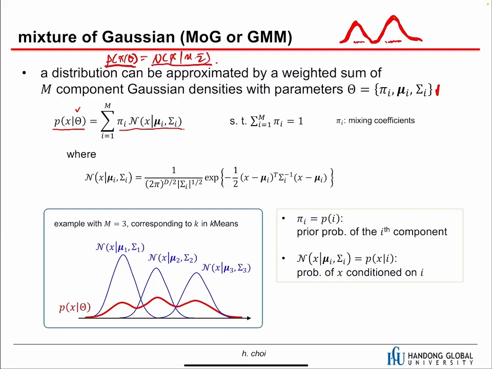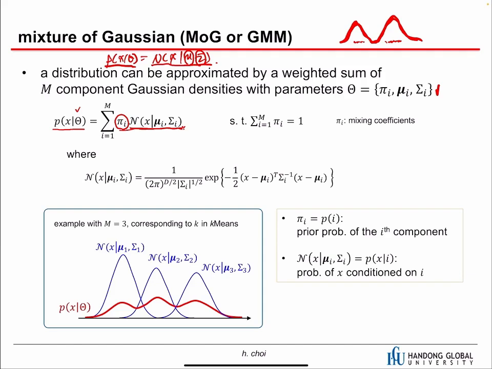And in this case, we have two parameters, mu and sigma. And mu and sigma can be estimated based on the maximum likelihood estimator. So we have derived these estimators. Now, instead of using just one Gaussian distribution, we have multiple Gaussian distributions, and these Gaussian distributions are combined with different weights.